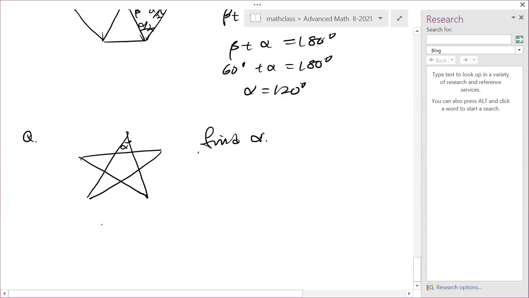Okay, this is a regular 5-star. Regular 5-star means all the 5 angles are identical. You look at this from any angle, right? They're all the same.